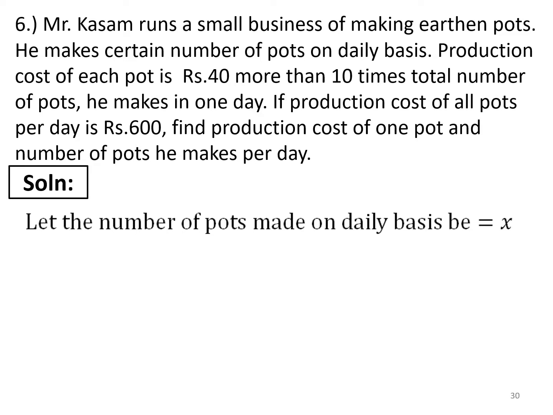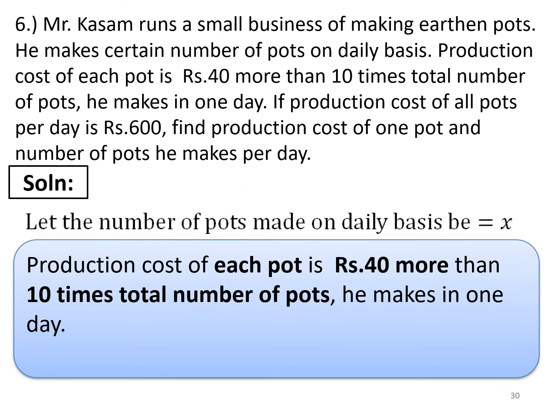So let us assume that x be the number of pots he is making on a daily basis. So let the number of pots made on daily basis be x. According to the first condition, production cost of each pot is rupees 40 more than 10 times the total number of pots.